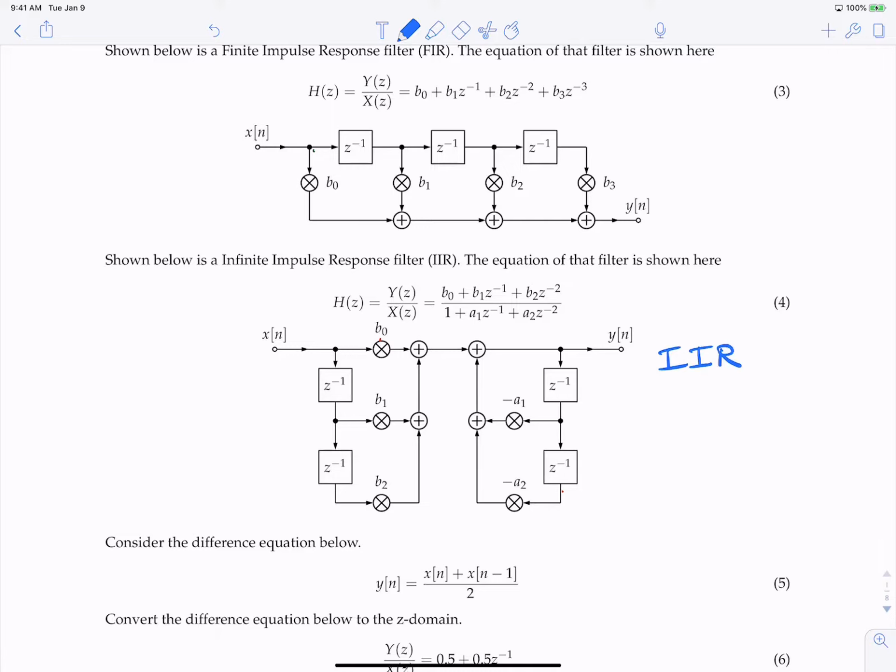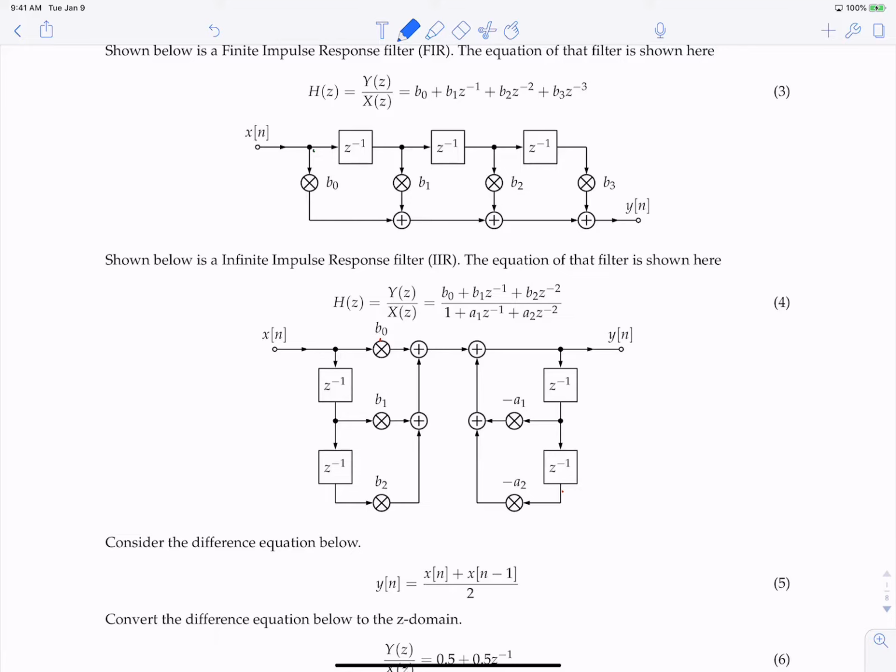Another thing with the IIR is you can get really sharp roll-offs. For instance, if you want to specify just a really tight band on a frequency you'd like to pass and then reject everything else, this is the way you're going to want to go. It's going to be very hard, if not practically impossible, to pull it off with a FIR filter due to the amount of memory that you would need.